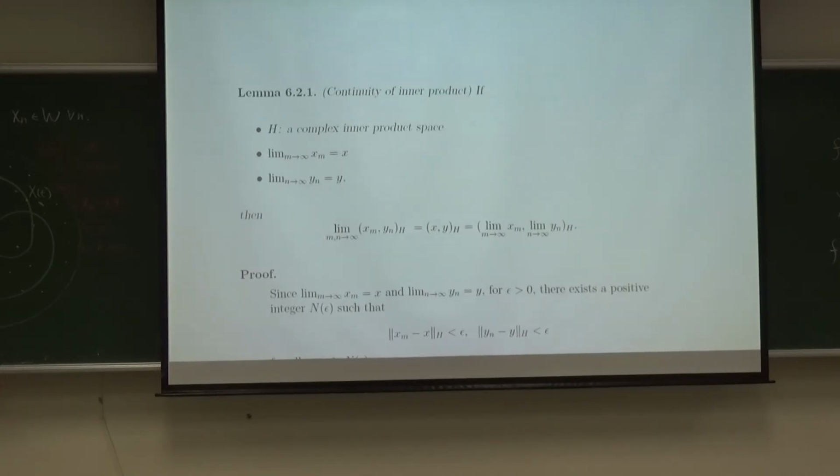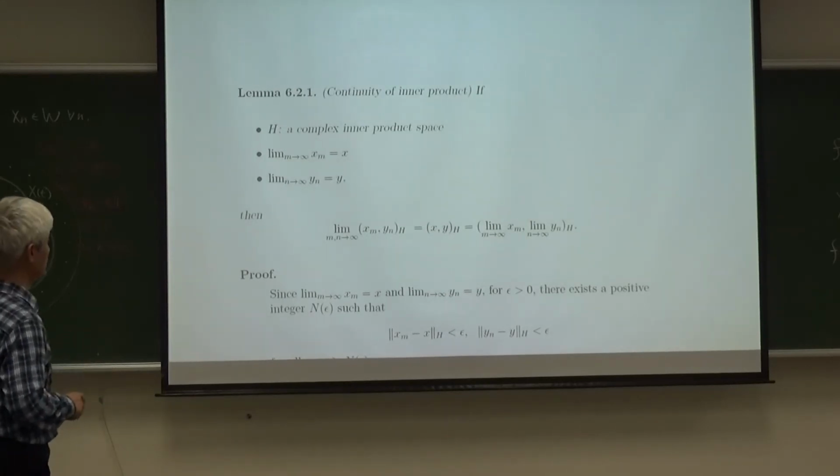So suppose we have an inner product space. Here, H is a complex inner product space, not necessarily complete, not necessarily a Hilbert space. Suppose that we have a sequence of vectors xn converging to x, and another sequence of vectors yn converging to y. So we have two sequences.